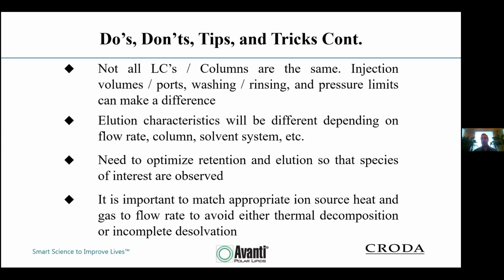And then elution, make sure your mobile phase is strong enough to get everybody off the column so that the species of interest are observed in your chromatogram. And it's important when you couple the two together, both the LC and the mass spectrometer, that the ion source, heat and gas and flow rate all match. That way you don't encounter either thermal decomposition or incomplete desolvation and reduced sensitivity.